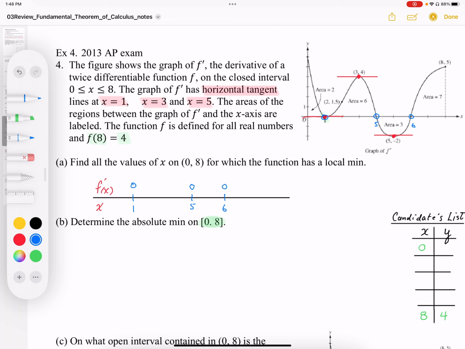My derivative is 0 at those points, so the slope of the f function is going to be 0 there. And I can check the slope value. F prime to the left of 1 is above the x-axis, so it's positive, so it's going up. F prime to the right of 1 is also positive, so it continues going up, so it looks like one of those slides. At 5, we have again a tangent. To the right of 5, it's below the x-axis, so we're sloping down.